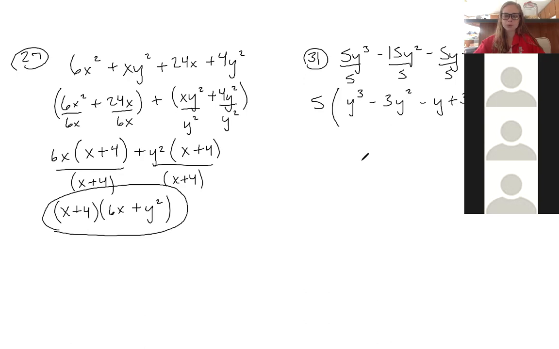Group it. Okay, which ones do you want to group together? 5 times y cubed minus 3y squared and negative y plus 3. All right, so when you regroup them, we got to keep them inside this bracket here.